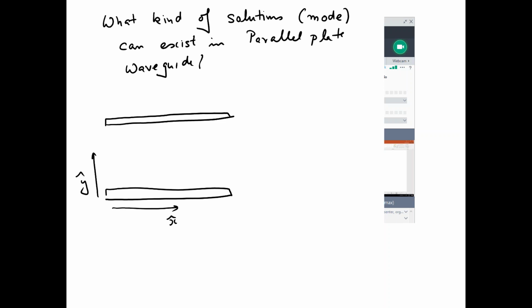If I try to excite my electric field from my external source such that I have a component of the electric field in this direction, Ex, again this subscript points to the direction of the field.